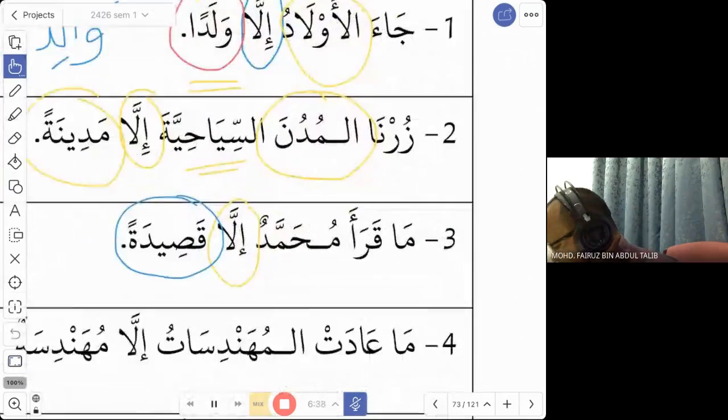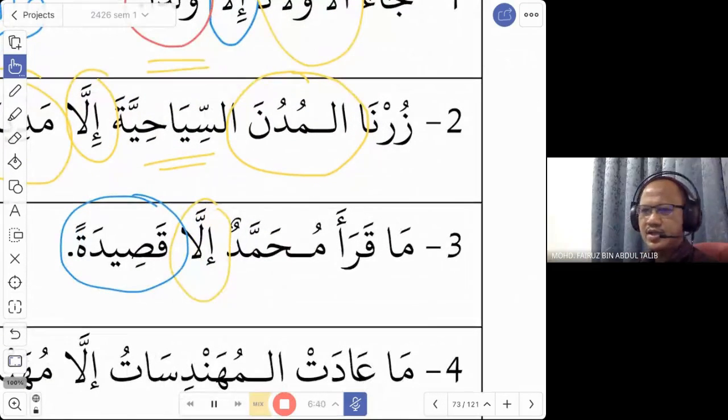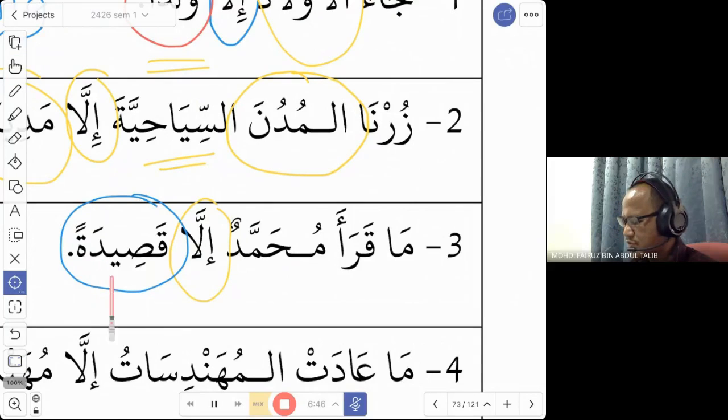Since there is no mustasna minhu and the jumlah is manfiya, what is the hukum of this word qasida? Is it always mansub, wajib mansub, or do you have an option, or does it depend on its position? Which one? The first, the second, or the third hukum?